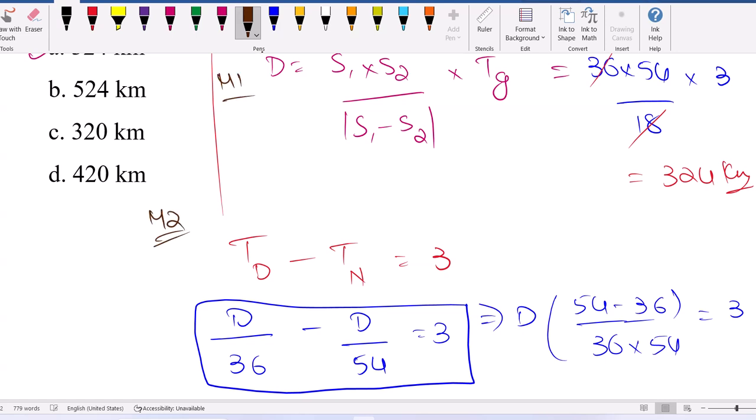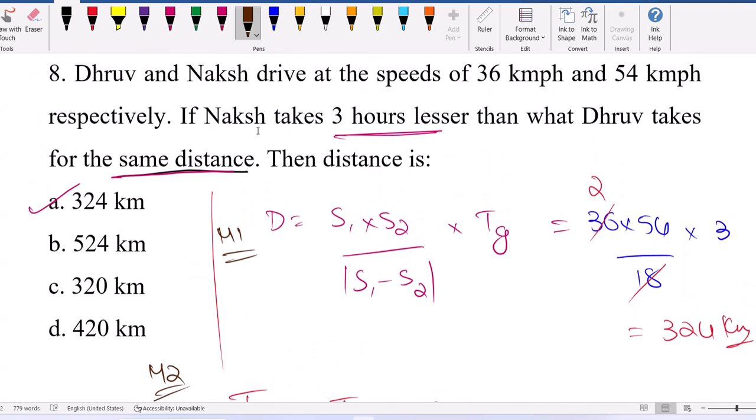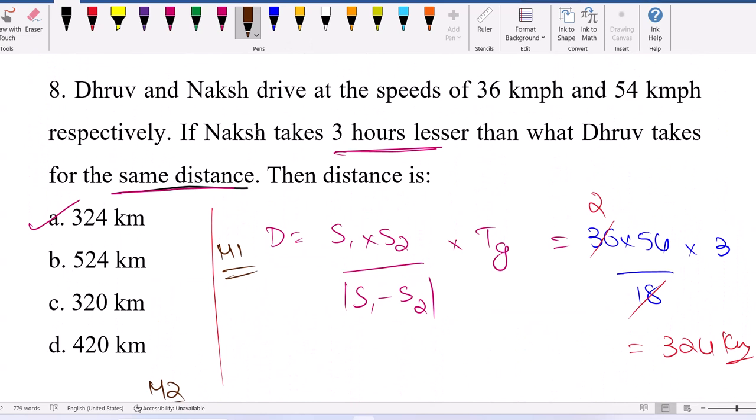Sir, but all this takes time. See, my simple logic, instead of all this, listen, speeds are 36 and 54, right? The difference between the timings is 3 hours. Timing is distance divided by speed. Timing here is an integer, which means my distance should be divisible by 36 and by 54.